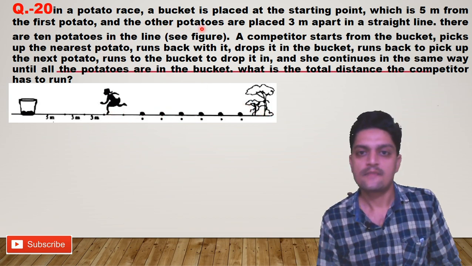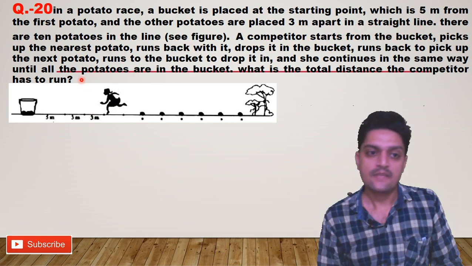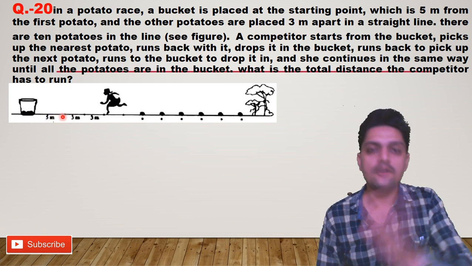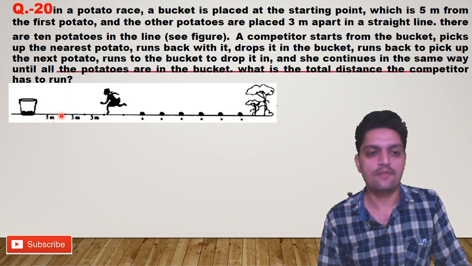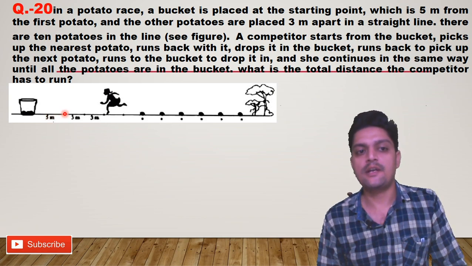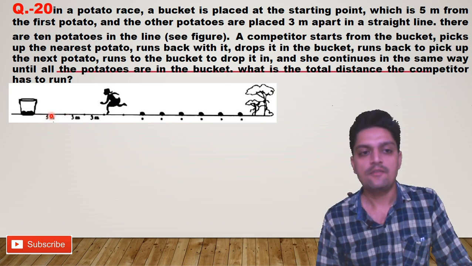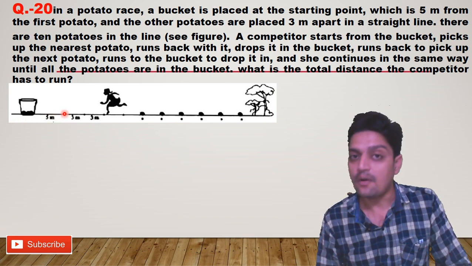The next potatoes are all 3 meter apart in a straight line. For example, the first potato is 5 meter away. The next potato is 3 meter from the first potato, which means 5 plus 3, 8 meter from the basket.